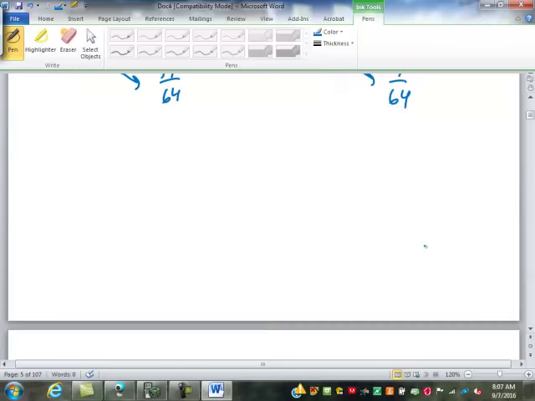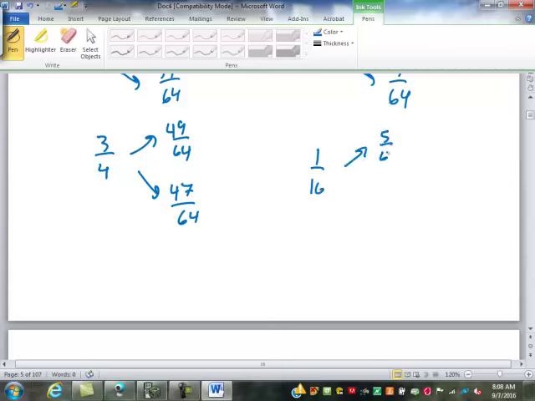Perfect. 17, 3/4. Larger. 49. Yeah. Smaller. 47/64. And then 1/16. Next size larger. 5/64 and smaller. 3/64.